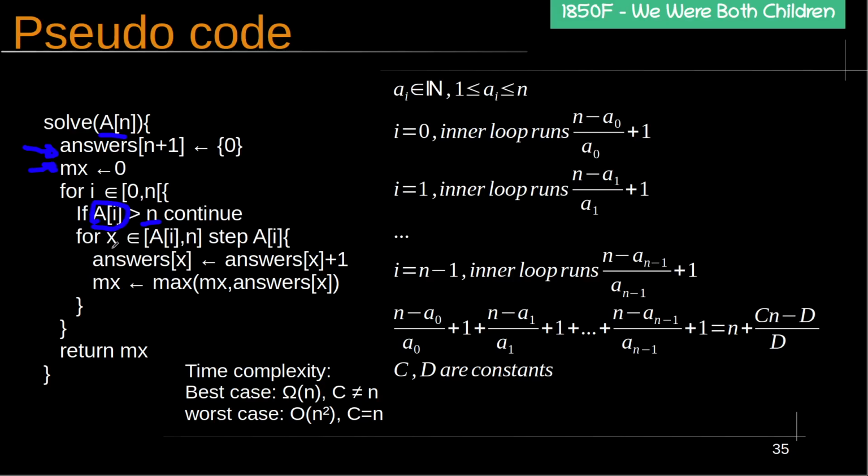And for each position from a_i to n, we have to step by a_i. Why? To have the exact, the right hop. For example, if frog number 1 hops 3 units forward, we have the area from 1 to 6, for example.